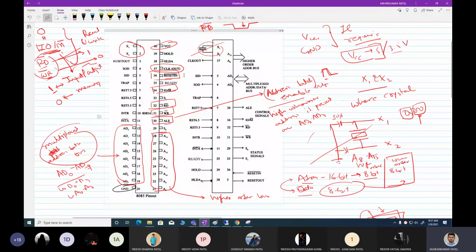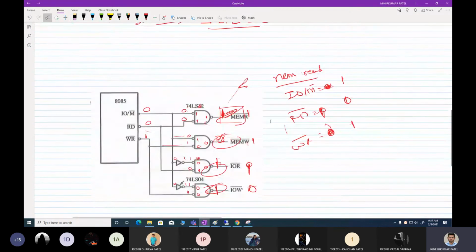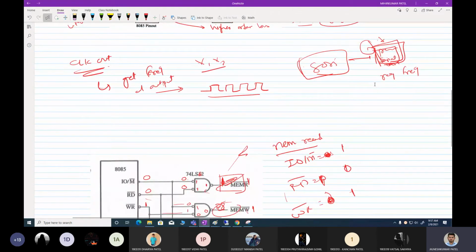You have to connect a ground somehow. So generally how is it done? Suppose this is my reset pin. What I am going to do is connect a switch to the ground. Generally it would be a push button, and other than that, I will have a plus 5 volt like this. So this would be my reset circuit.